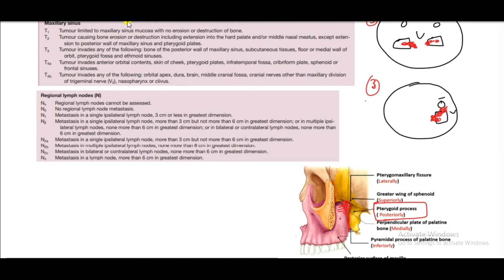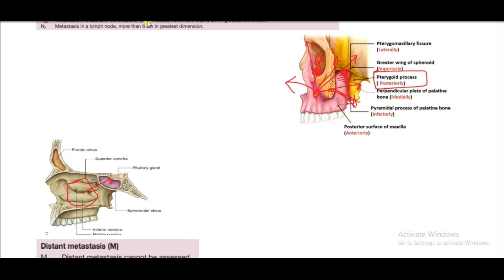And in T4, we have two classifications, T4A and T4B. In A, the tumor invades anterior orbital contents, skin of the cheek, pterygoid plates, infratemporal fossa, cribriform plate, sphenoid or frontal sinus.